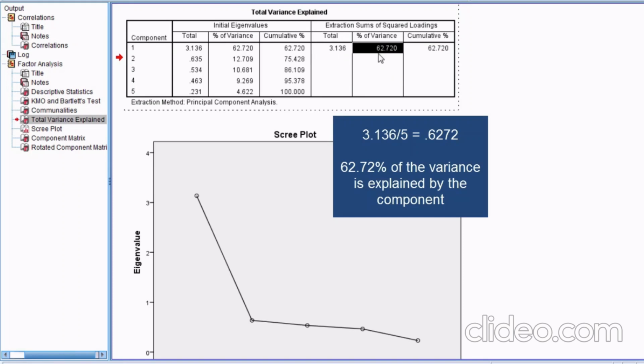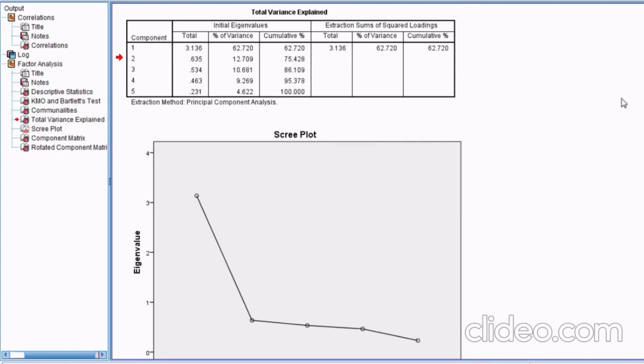So if I had 10 variables in my analysis here, then the sum of the eigenvalues would equal 10, and in fact, there would be 10 rows in this table. Now, since I have 5 variables, I'm going to have 5 components output in my initial solution, and the eigenvalues will sum up to 5.